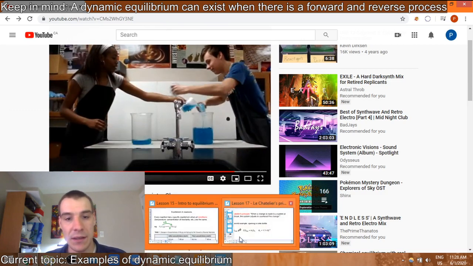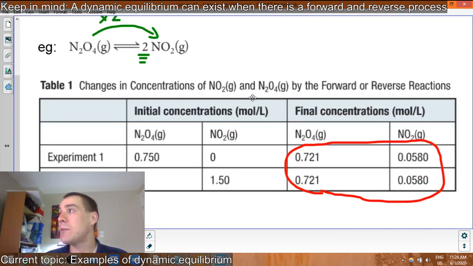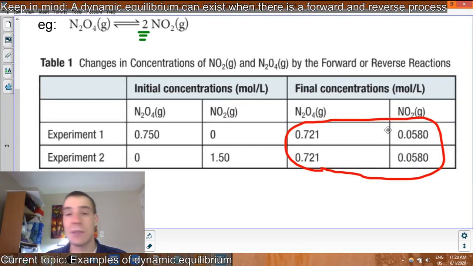And that's what we call the dynamic equilibrium. That's the equilibrium position. And it doesn't matter where you start, you're going to end up at the equilibrium position. So notice that the final concentrations here are the same between the N2O4 and the NO2 when we start with equal numbers, when we start with the number of atoms being correct.